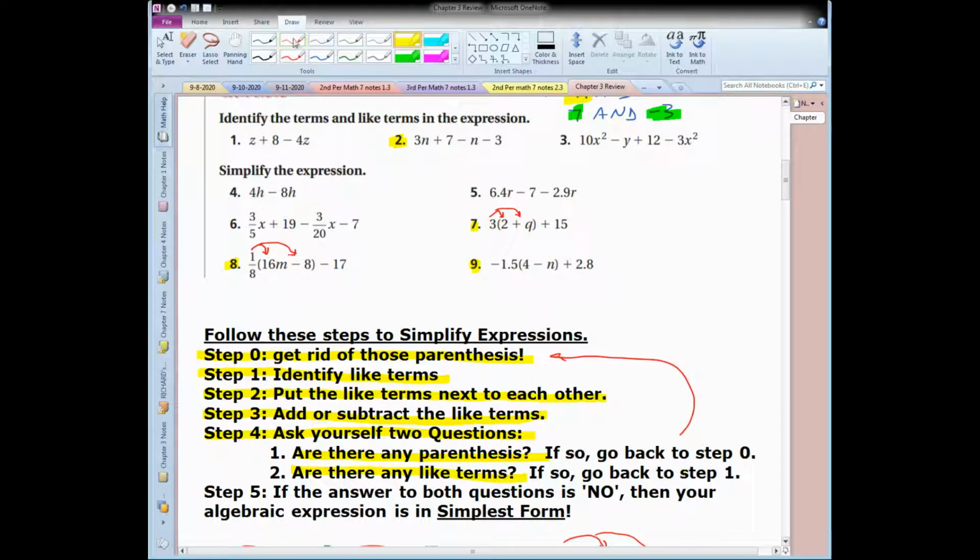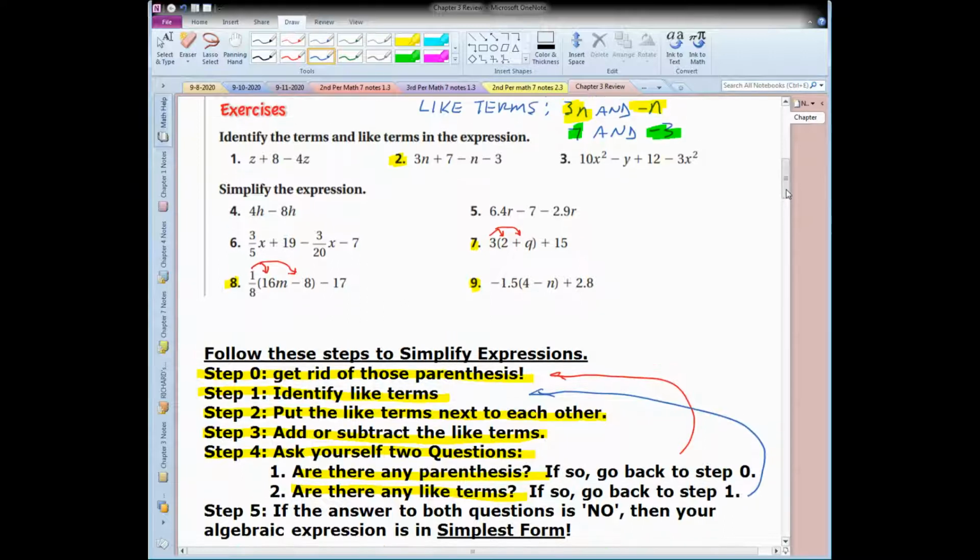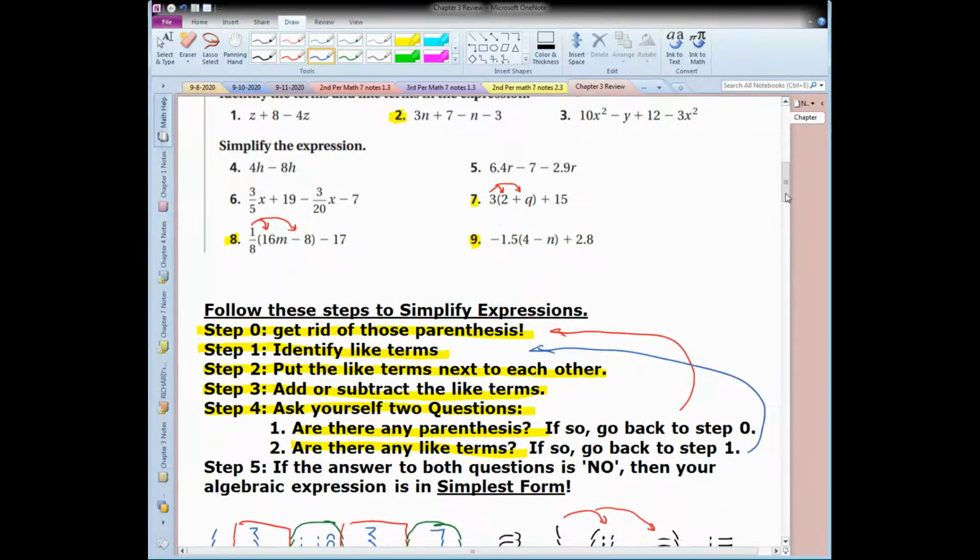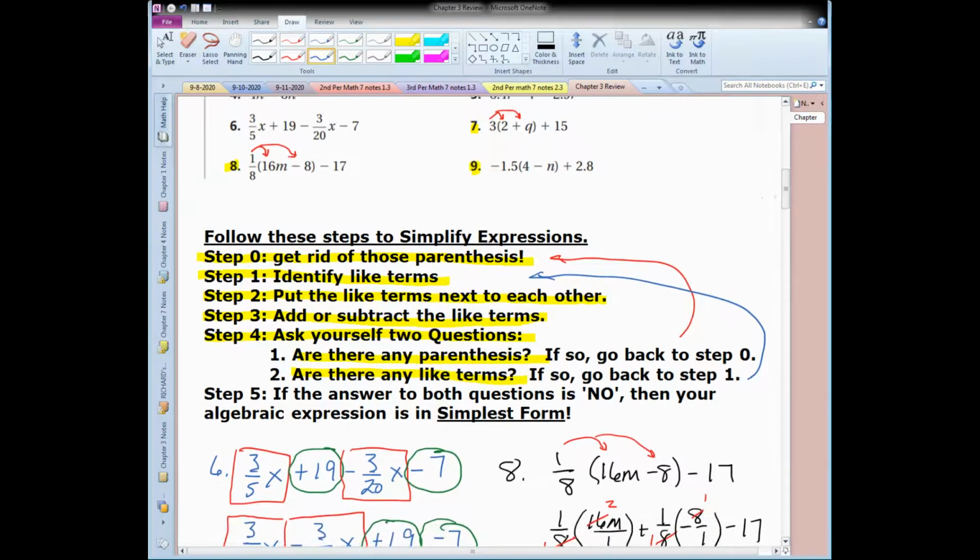If so, then you need to go all the way back to step 1 and identify the like terms and put them next to each other and combine them. Okay? And then step 5, if the questions that you just answered are both no, you say no, no, then your algebraic expression is in simplest form.